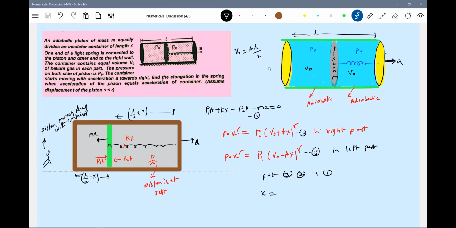V naught will become AL by 2. Then we'll get every expression in terms of P naught and V naught. Okay, just make an observation. I'll go for the next question.